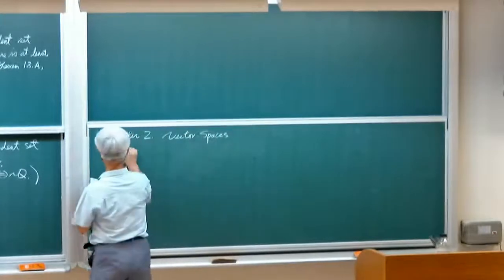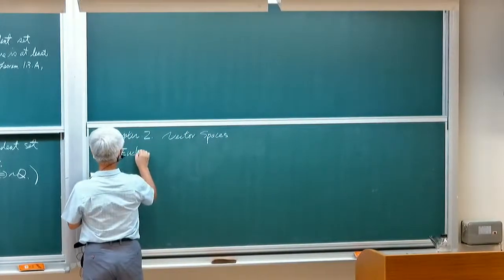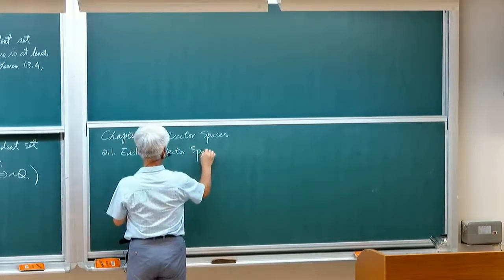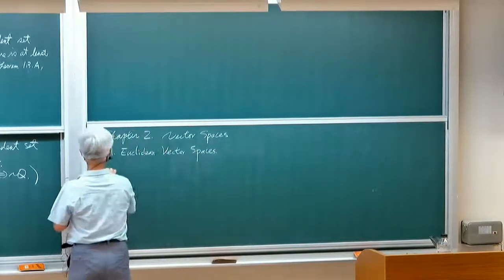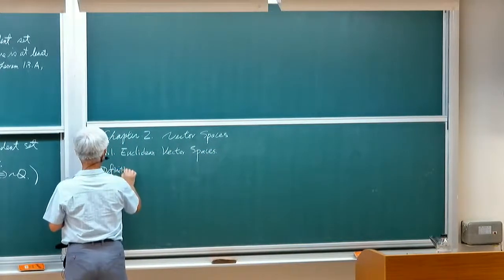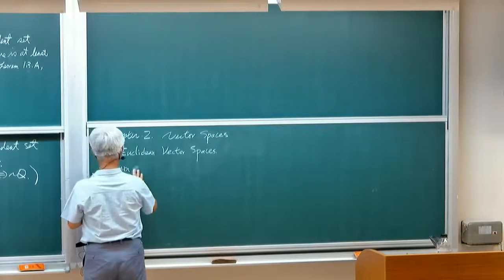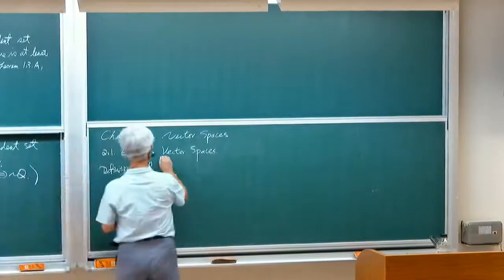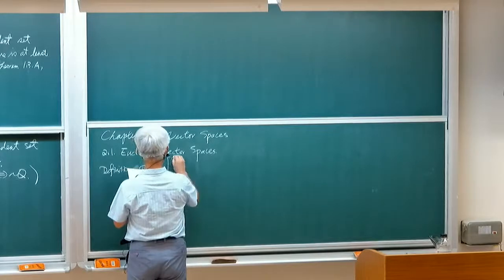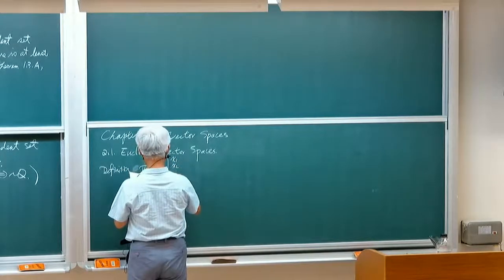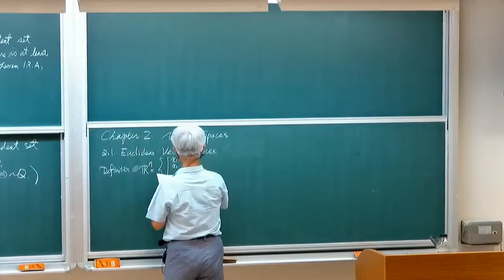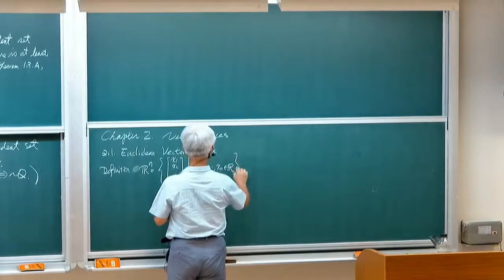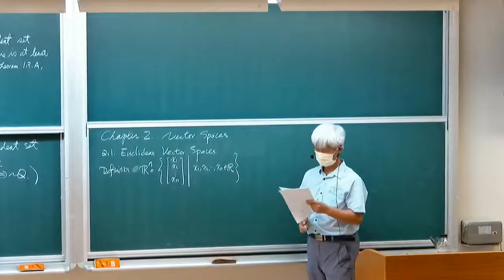The concrete one we encountered is Euclidean vector spaces. Rn consists of the set of all n-dimensional column vectors, and the components of the column vectors are real numbers.